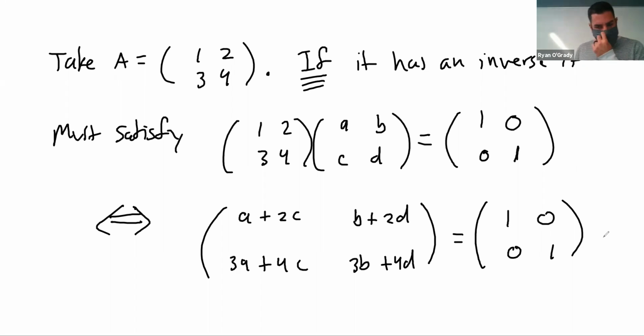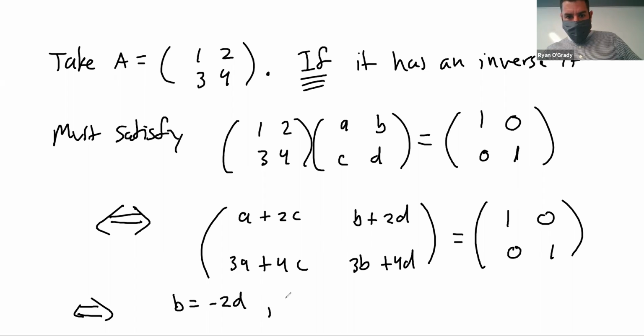So what do we gain from this right away? Well, we gain right away that B and D have a relationship. What is B? B is equal to negative 2D. If I just look at entry to entry, if they're the same matrices, I get B is negative 2D.